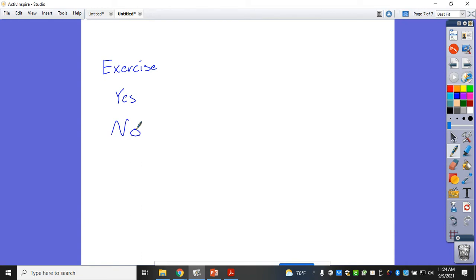And then their diet is either, we'll say diet plan A, B, or C to make it easy. So in this plan, both of these are considered a factor. Yes and no are the levels of exercise. A, B, and C are the levels of diet.